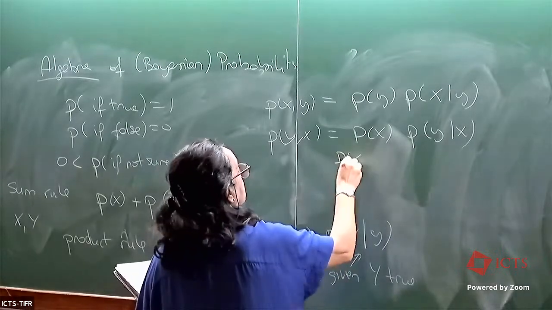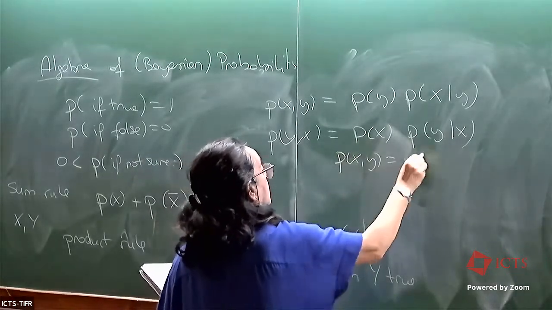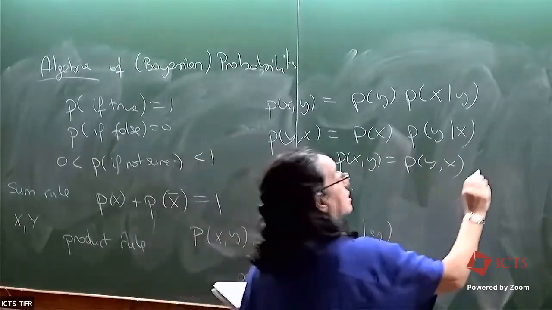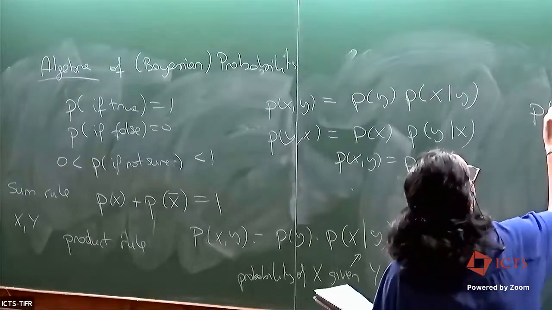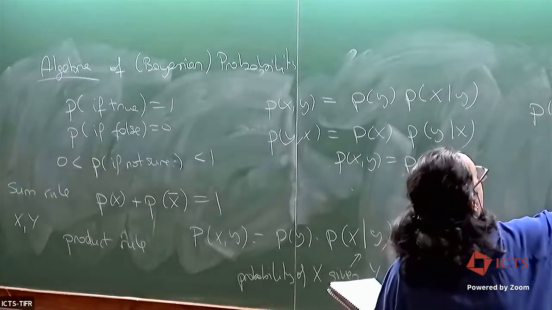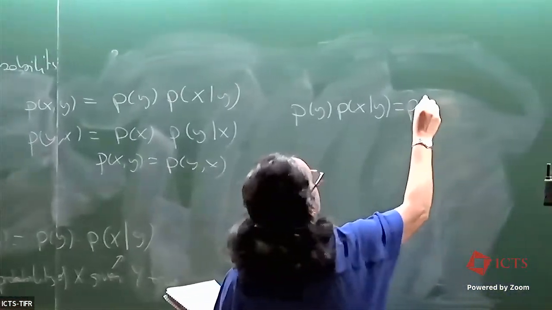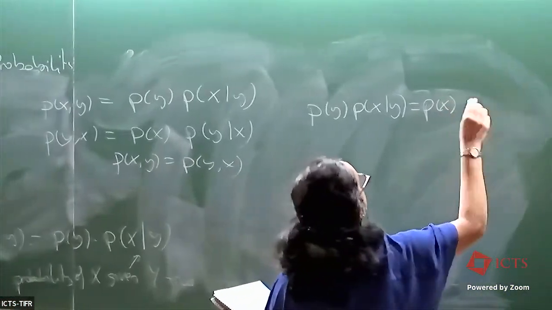So if I say this is equal to this, then what I get is that this is the same. Can people see it, or is this already making shadow?